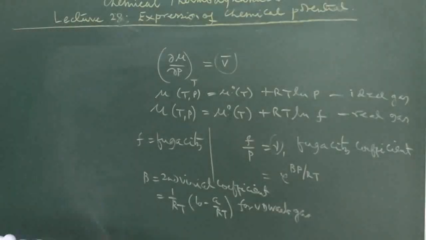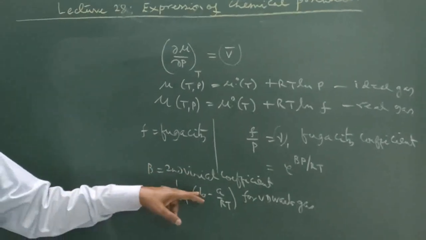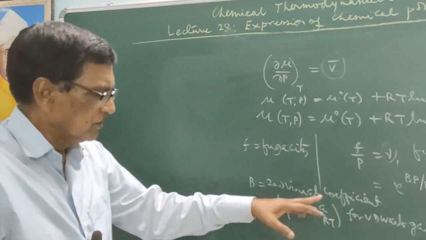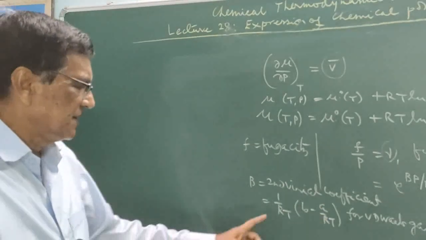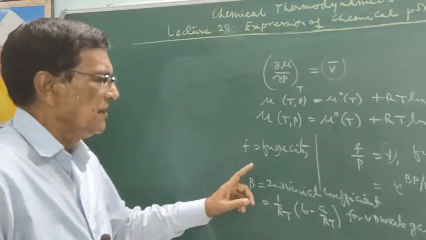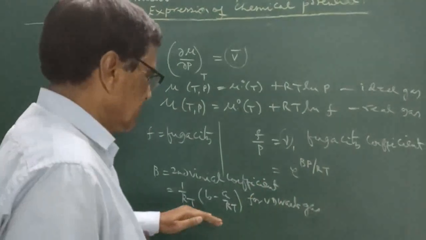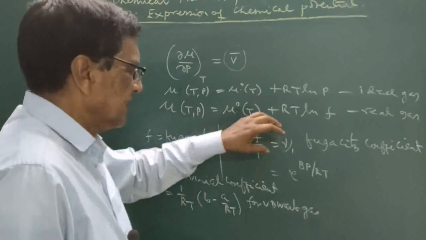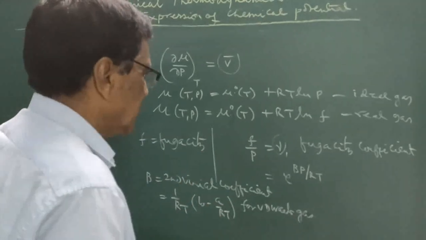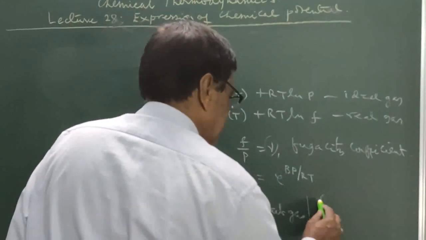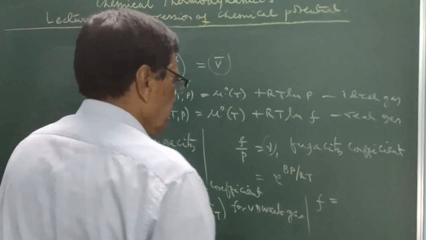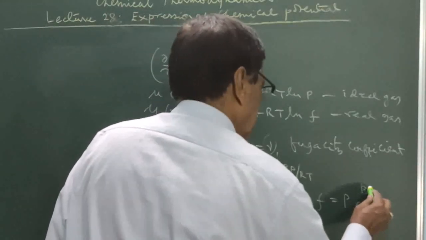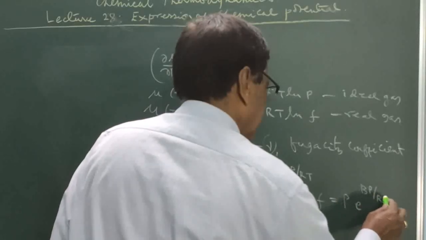So actually B depends on the constants a and b of this Van der Waals gas, and T the temperature. If we put in the values for a gas whose a and b are known at a given temperature, then gamma could be known, and in this case fugacity equals P into e to the power BP divided by RT.